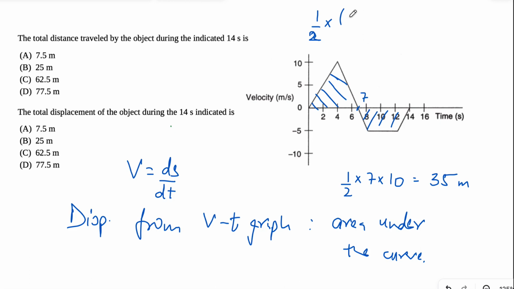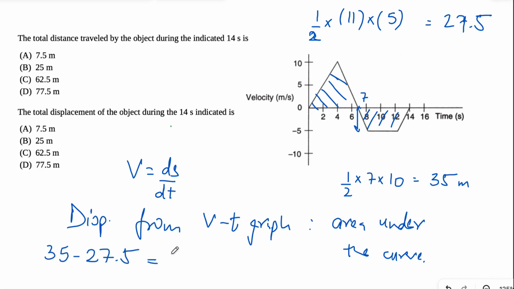So the sum of parallel sides, 7 plus 4 is 11, multiplied by the distance between them, this is a 5. So 11 times 5 is 55, over 2 is 27.5. So the total displacement becomes 35 minus 27.5, which is 7.5 meters.